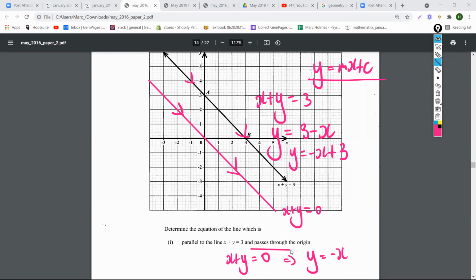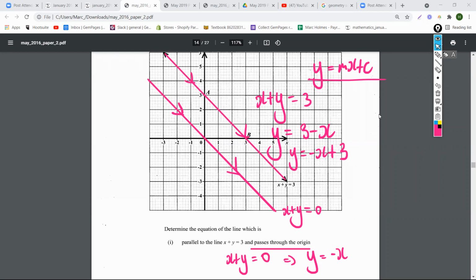So it says it passes through the origin. It's a parallel line, just like this line, but it passes through 0 instead. So that's the line. Yeah, I got that. I didn't see origin at first, but now I see origin. So the answer is x plus y is equal to 0 because it passes through the origin, and then y is equal to negative x.